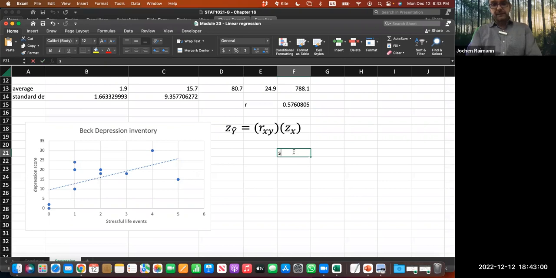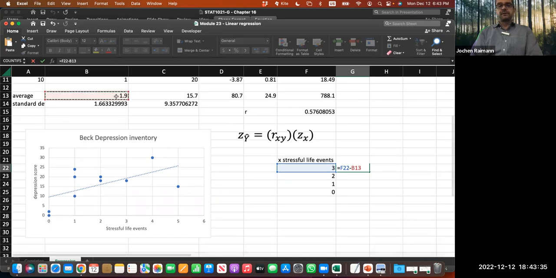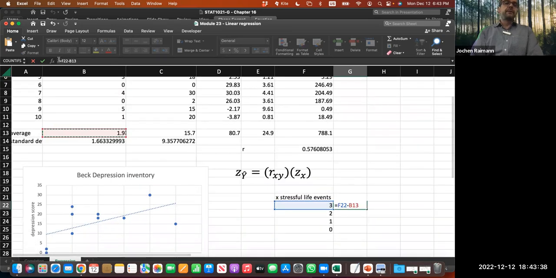And I'd say we will start easy. So we have an x, which is stressful life events. Let's start with 3. Let's go down to 2. Let's take 1, and then let's take 0. That's the last one. Good. So far, so good. Now we need to standardize this. So the set x is now this minus our average x, which is stressful life events, divided by our standard deviation.